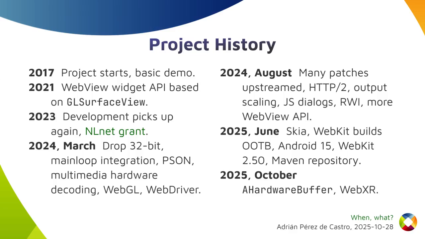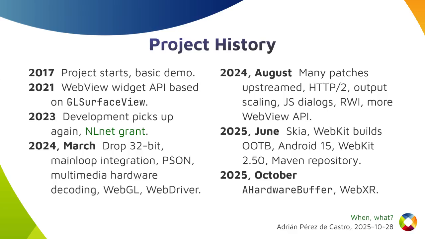For example, we didn't have multimedia playback, we didn't have WebGL, we didn't have WebDriver support, we didn't have process swap on navigation, etc. We had a lot of stuff to do during this period because it was really rough in the beginning. Then we continued after the grant ended because there was good momentum, and we also got Web Inspector support, HTTP2, device output scaling, etc. Lots of good stuff.